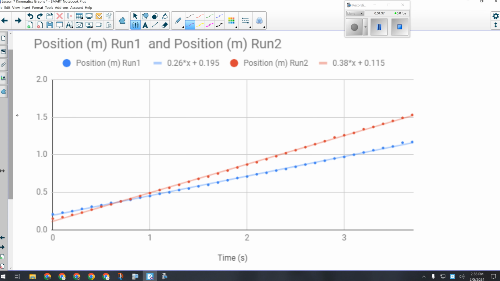Looks to me like the blue dots start further up the y-axis than the red dots. Agreed? So run 1 had a head start. I've often asked that as a multiple choice question. What is true at time 0? A and B are both at the same position. A is ahead of B. B is ahead of A. A is moving faster than B.